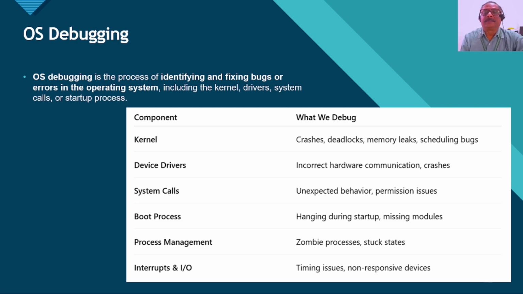Any of these going wrong makes the kernel stop working or crash. At the device drivers level, there may be incorrect hardware communication or crashes. At the system calls level, there may be unexpected behavior or permission issues.